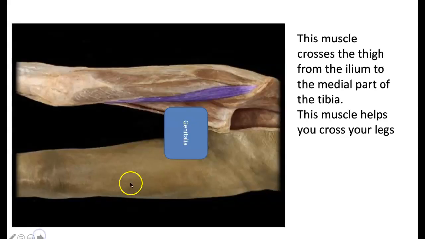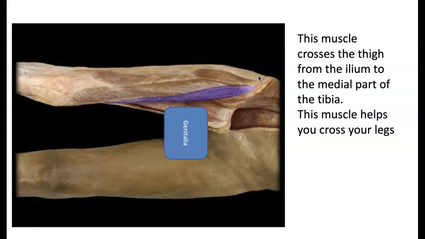All right, the next one mysteriously is supposed to be named for a tailor. Sartorius. We often think of it as strappy sartorius because it is a very strappy muscle. It extends from the ilium, remember that bone there, and on the outside of the thigh, and crosses to the medial or inside part of the thigh and attaches to the tibia.